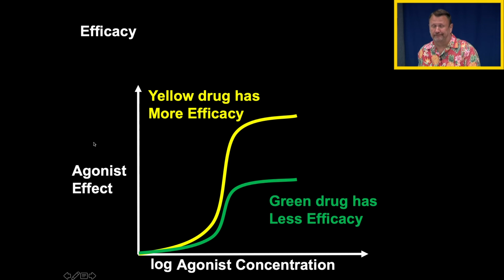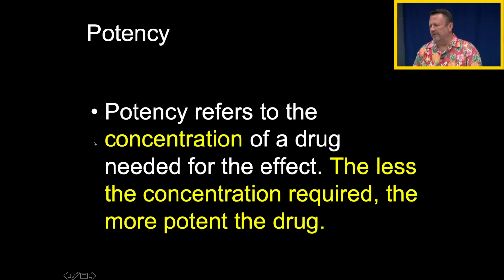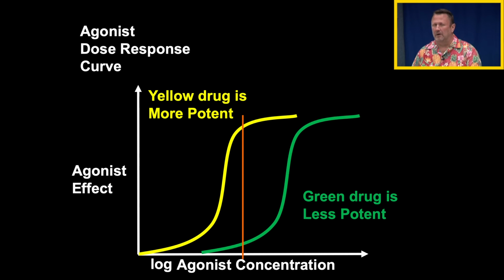All right. Well, then there's potency, and that's just quite simply the concentration of drug needed to get the same effect. And so when a drug is more potent, it really has the same effect, just does it at a smaller dose. So here is, let's say, this drug. The green drug is morphine, and the yellow drug is Dilaudid.